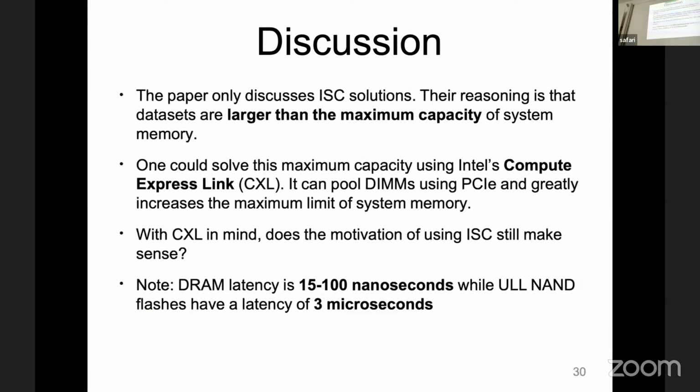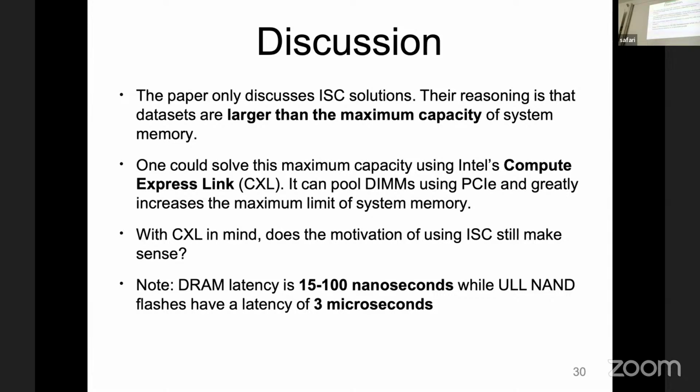For the second point I wanted to ask, they're only discussing ISC, and the reasoning they give is that the DIMMs cannot exceed the maximum capacity of the data set they have. Though there is a technology called Compute Express Link, or CXL, where you could pool multiple DIMMs into one big pool, which is then accessed via PCI Express.